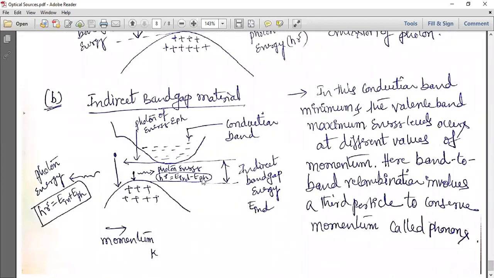Their higher energy level of the valence band and the lower level of the conduction band are not the same with respect to the momentum, so it takes a third particle to jump from the valence band to the conduction band. These are called indirect band gap materials, and they are not used for manufacturing optical sources. This is what we have discussed, and we'll go through the next concepts.